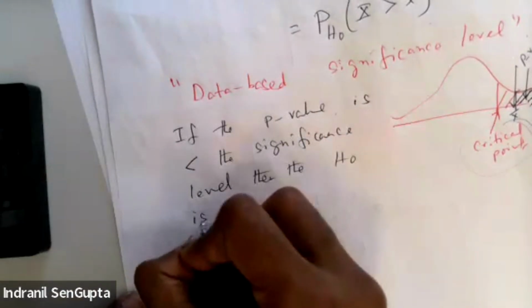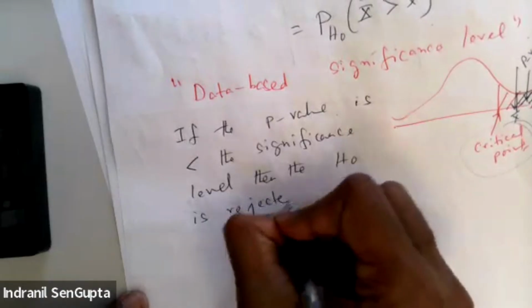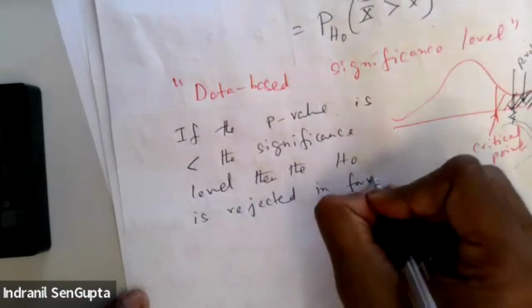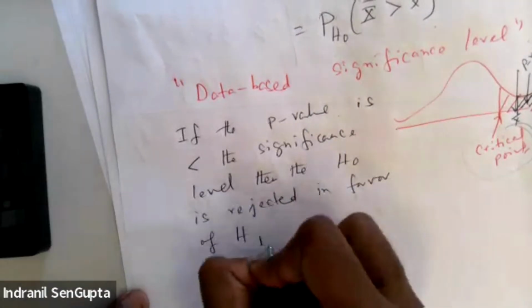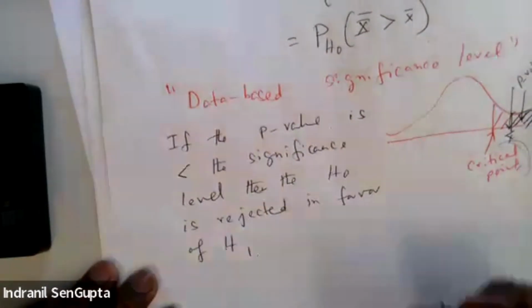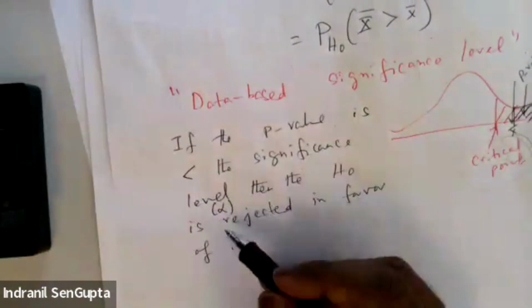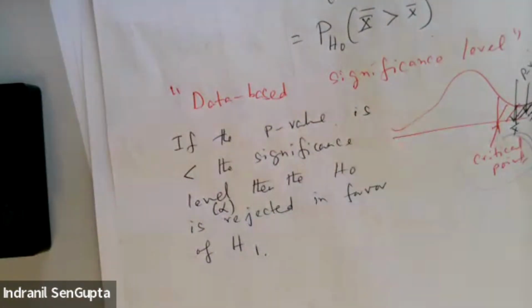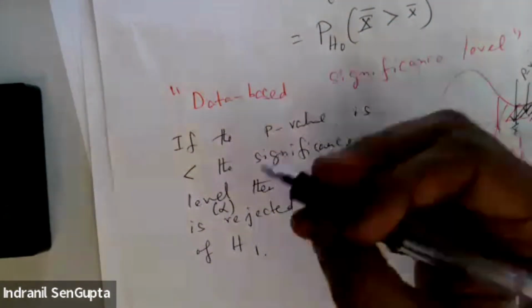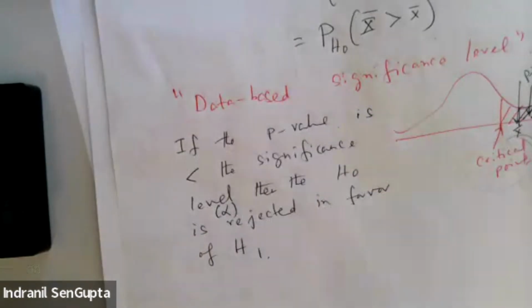H0 is rejected in favor of H1. Now, please note that this is the significance level alpha, or alpha over 2 for two-sided. Well, it's actually alpha, even for a two-sided test. We'll define it later.